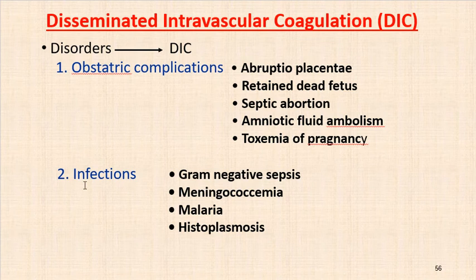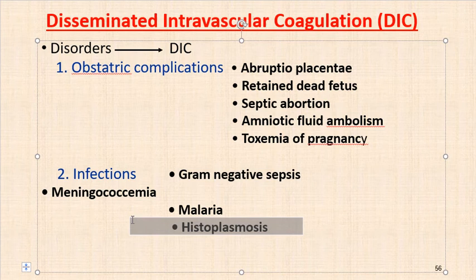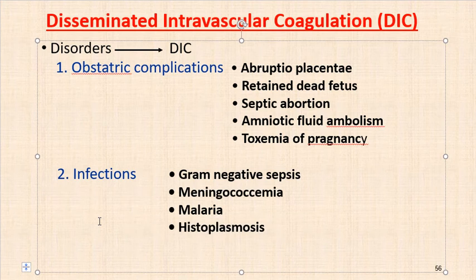The second group of disorders is infections: gram-negative sepsis, meningococcemia, malaria, histoplasmosis. They at times can also lead to DIC.